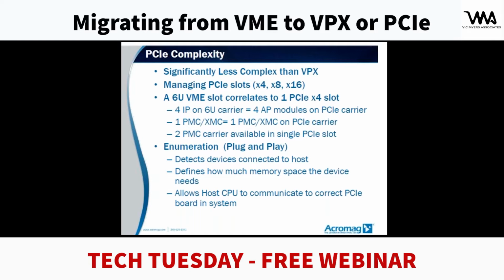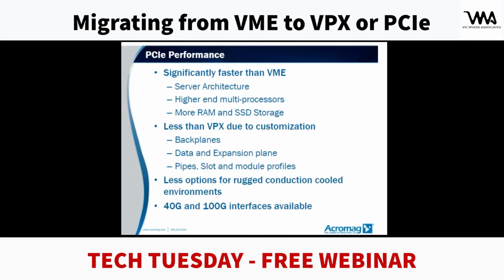So a typical system may have 4 to 8 to 12 different PCI Express cards, and some of these cards may be very similar to each other. So when each card is assigned an address, and when it powers up, then the memory space is assigned for that card. So it's a very nice plug-and-play architecture.